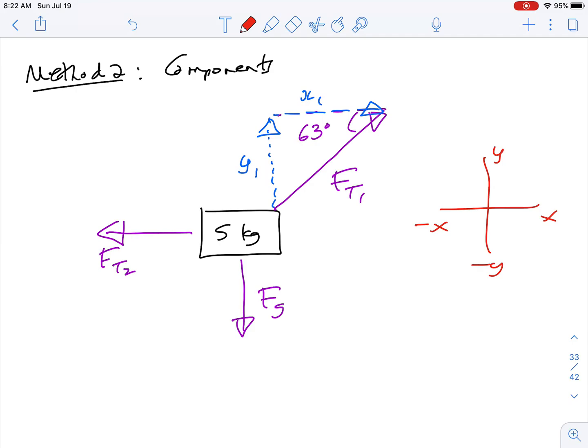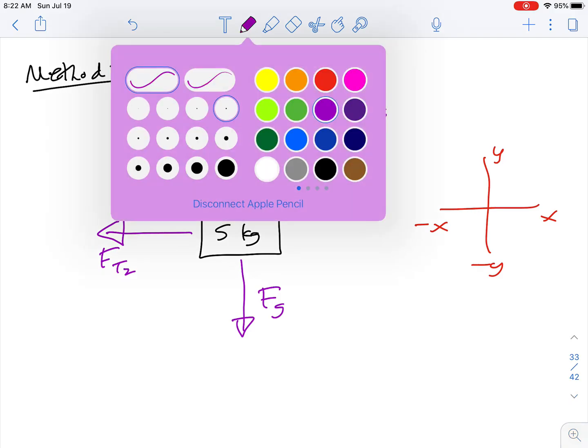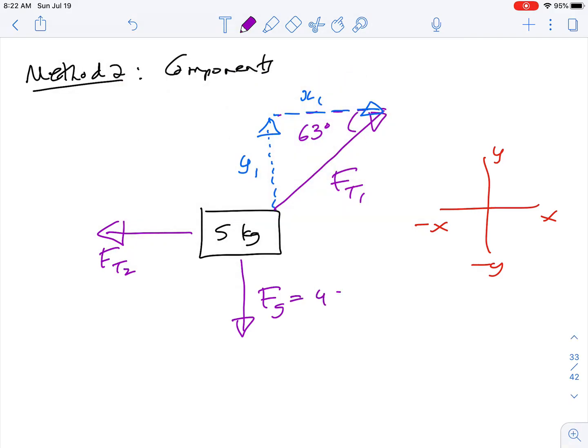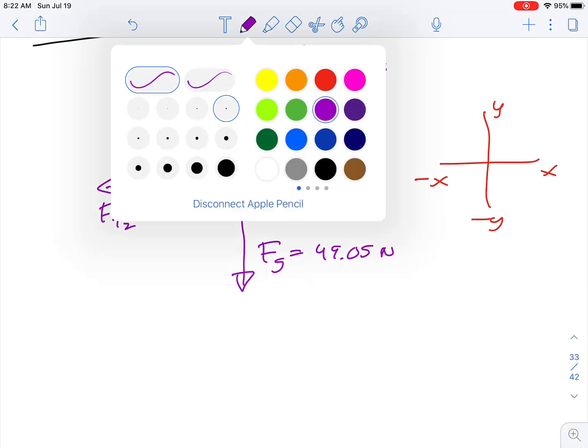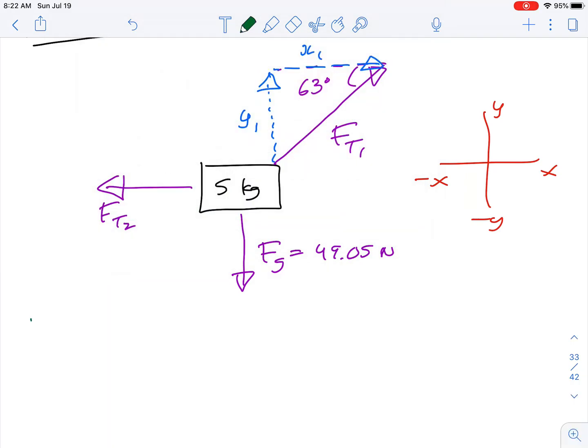Then what we do in this one is we analyze vertical and horizontal separately. Because we know what Fg is, Fg, if you remember, is 49.05 newtons. Because we know the vertical, we should probably start with the vertical. So we go vertical. And again, this is going to be first law.